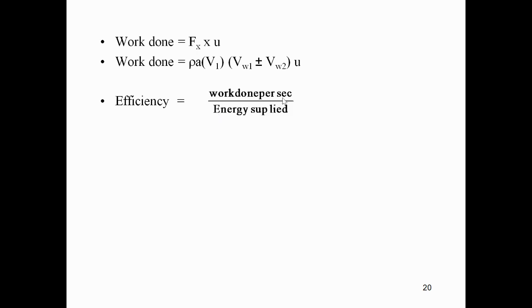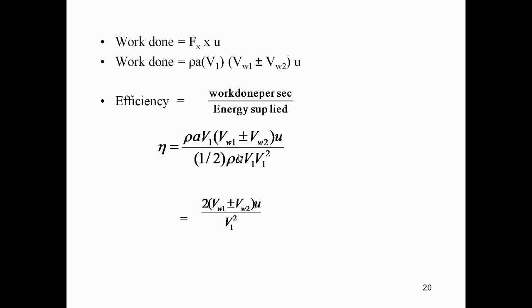Next we know the efficiency: work done per second by energy supplied, or energy input. Work done per second is rho A V1 into (Vw1 plus or minus Vw2) into u, by half into rho A V1 square. This is the efficiency eta.